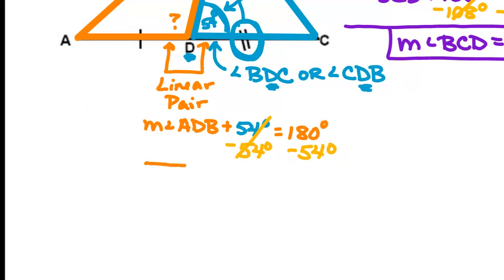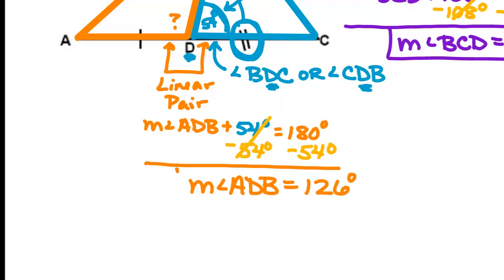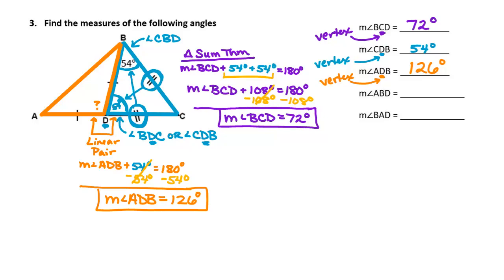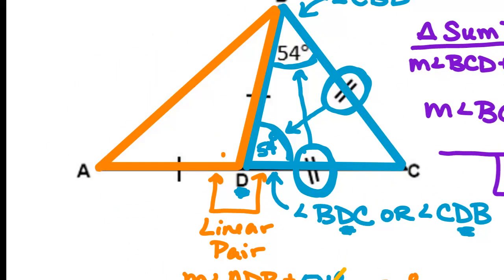And that means angle ADB is how big? 126 degrees. I'm going to write that down over here, 126 degrees, and add that to my picture.